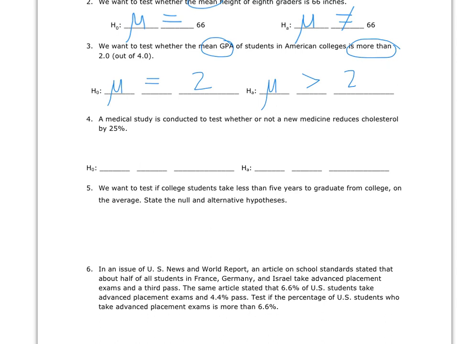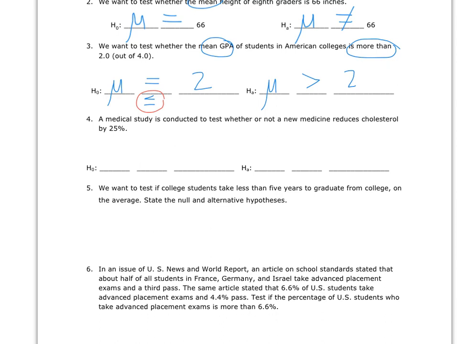But if you want to make it so it includes everything except for what's in the alternate, you can also write the statement of equality that is opposite of what you have in the alternate. So we could also use less than or equal to 2 here. All right, either one of those is correct. Your textbook goes with using this. Other textbooks just say always use equal.